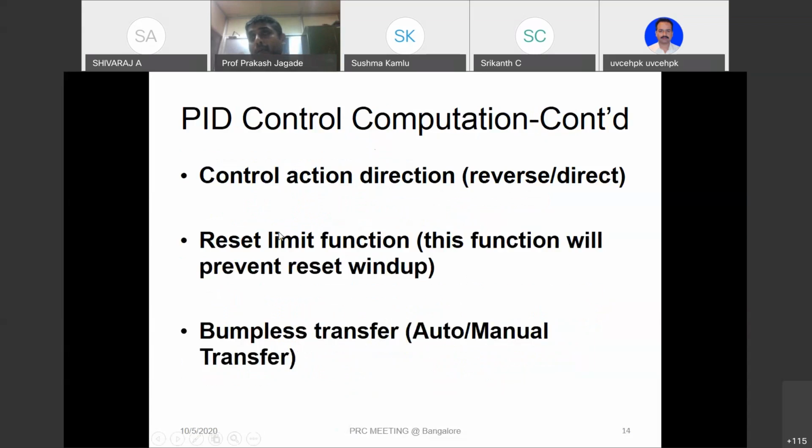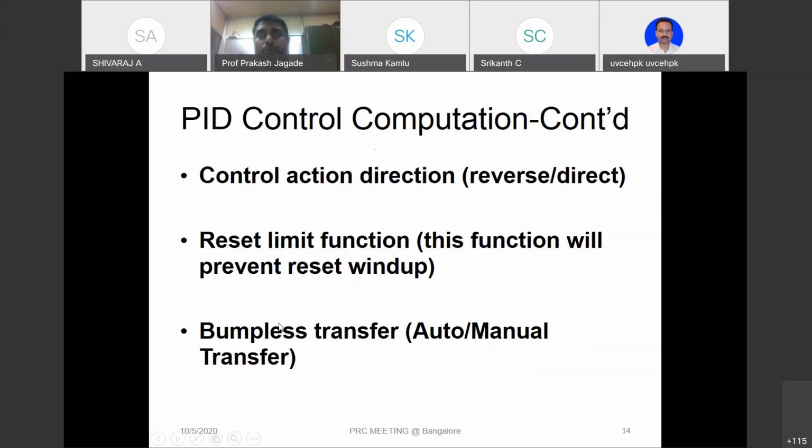The problem associated with integral action is integral wind-up, and that can be prevented. The problem associated with the proportional action is proportional kick, and that can be prevented. Similarly, the problem associated with the derivative action is derivative kick, and that also can be prevented by using our algorithm.